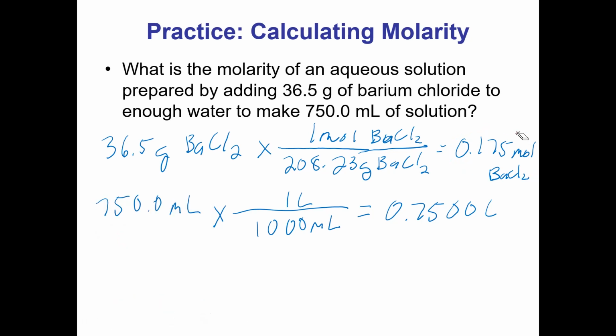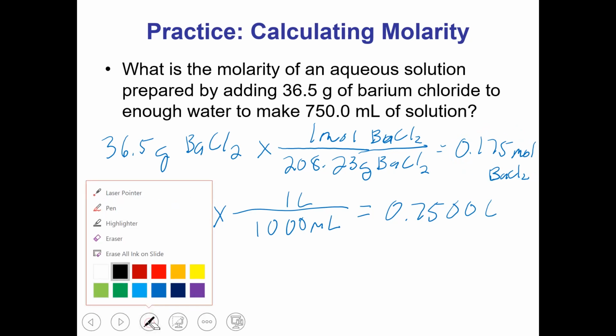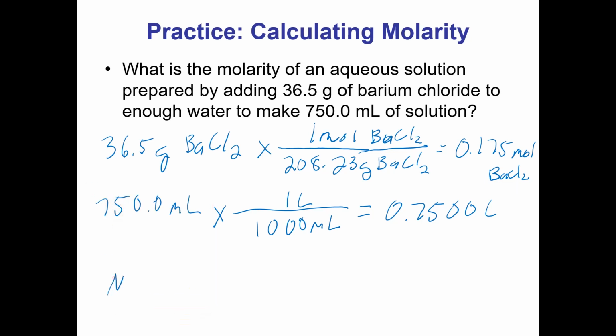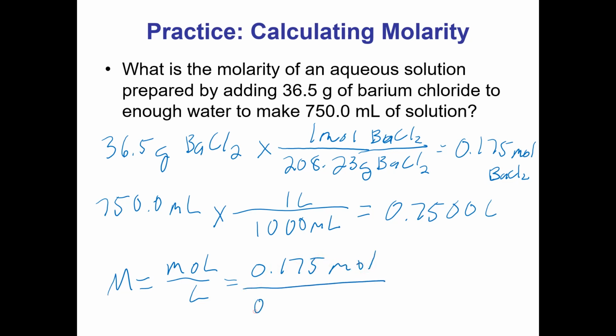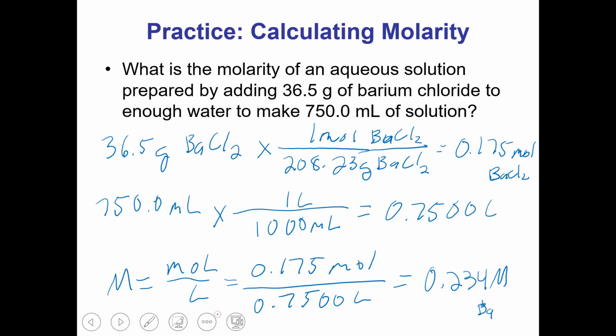So now that we have moles and we have liters, we can plug that into our molarity formula. So we have 0.175 moles divided by 0.7500 liters. So if you put that into your calculator, you should come up with 0.234 molar barium chloride.